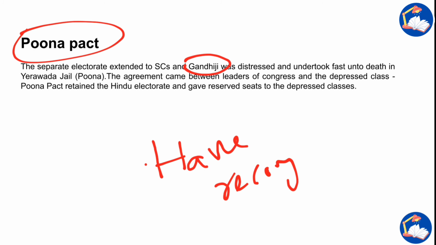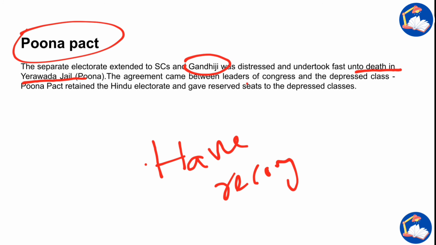He thought that if separate electorates were created for the depressed classes, they would naturally be excluded from the main class. So he took a fast unto death in Yerawada jail in Pune.